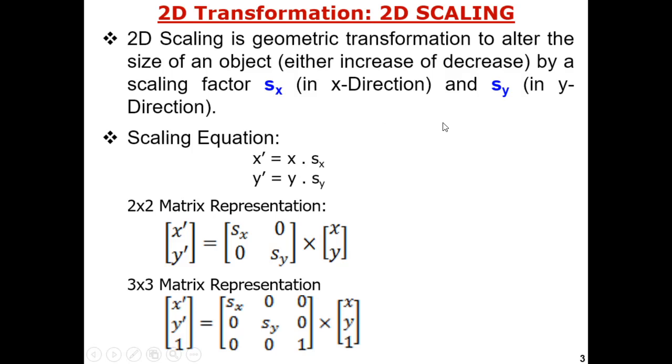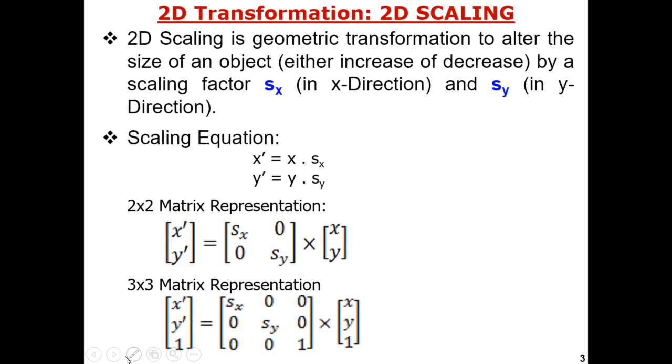Because we are studying 2D geometric transformation, only two dimensions are there, x and y. For the x direction the scaling factor is represented by sx, and in the y direction it is represented by sy.